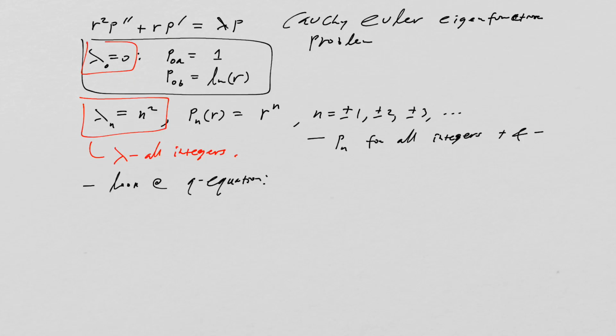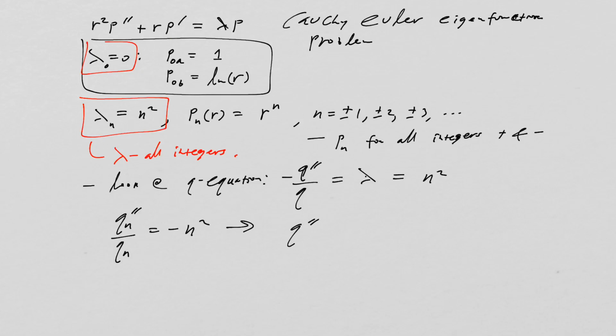All right, so let's recall the Q equation said we had Q double prime over Q negative is equal to lambda. Well, that means that's going to be equal to n squared. So now what we have is Q double prime n over Qn is equal to negative n squared.